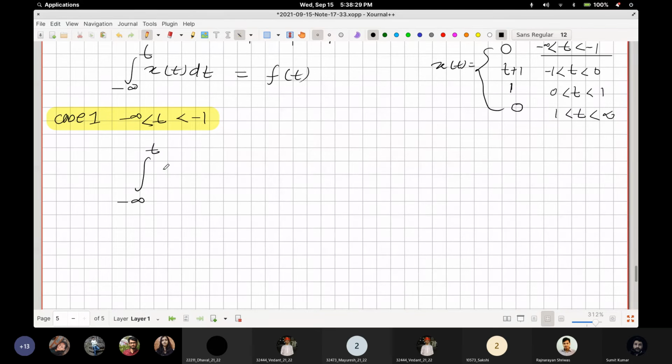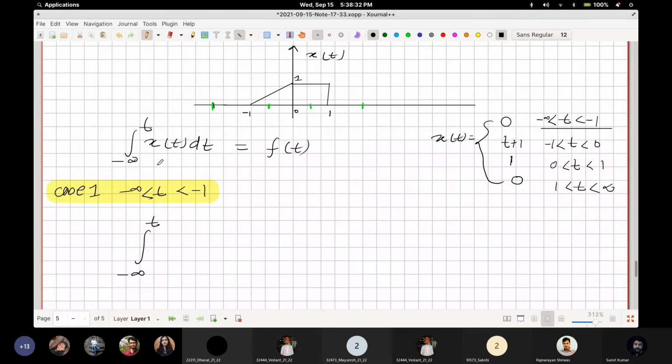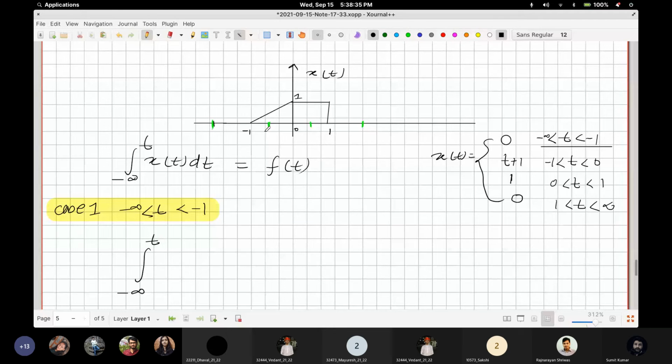So just tell me what is the function value between minus infinity all the way to here, where t is somewhere here. So what will be the value of f of t, what will be the value of x of t? 0. So the integral of 0 dt will be basically equal to 0 only, isn't it? So this is your f of t, and this is 0, for which range? For the range from minus infinity to minus 1.